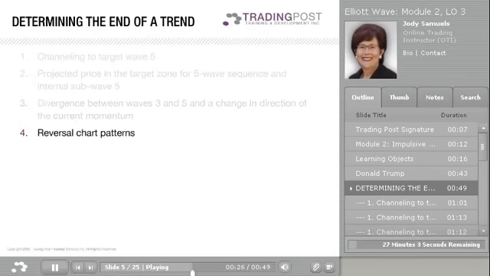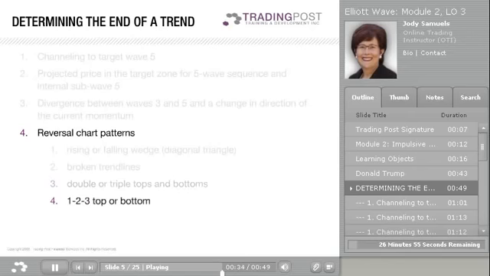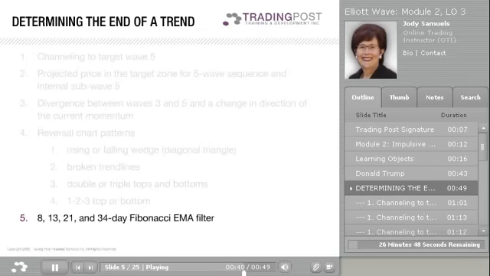Reversal chart patterns such as rising or falling wedges, broken trend lines, double or triple tops and bottoms, and 1, 2, 3 tops and bottoms. 5. The 8, 13, 21, and 34-day Fibonacci EMA filter. And finally, 6. Candlestick reversal patterns.